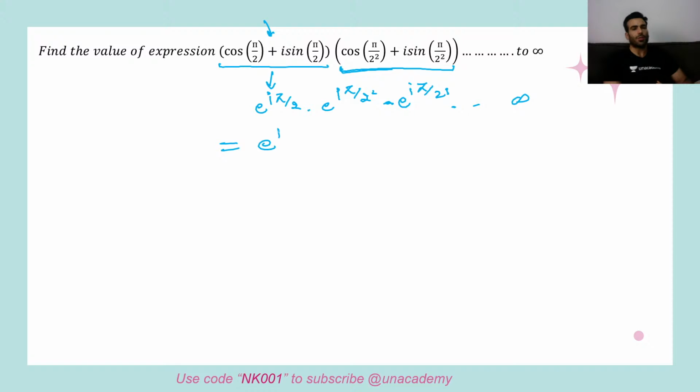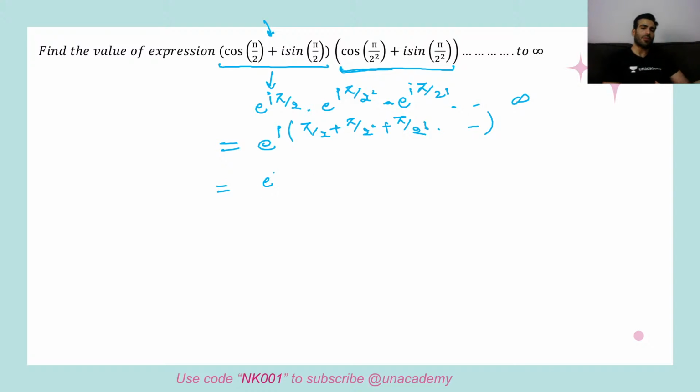This will be equal to e raised to iota, pi by 2 plus pi by 2 square, and it will continue till pi by 2 cube. Correct? Now it seems as if this is a GP till infinity terms.